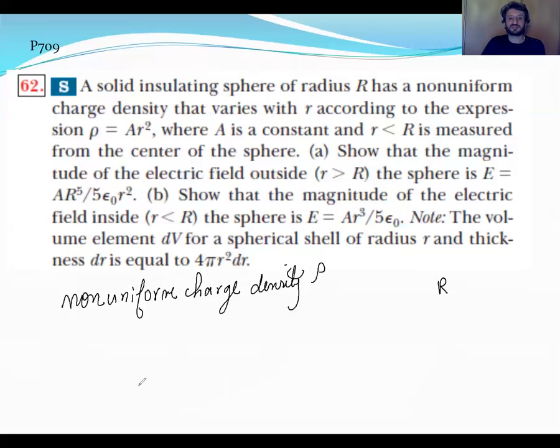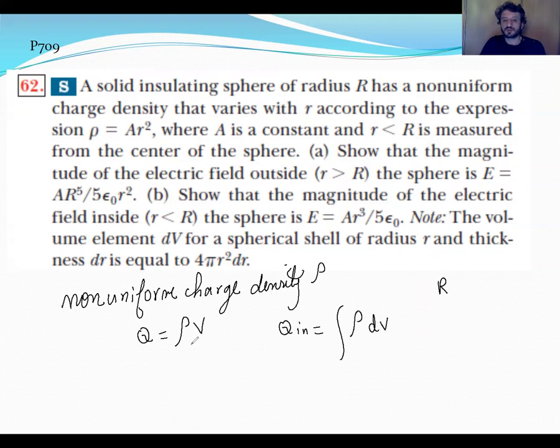In general, if the object has a charge Q and we have a volume charge density, you have to say Q equals rho times V. But if rho is not constant, we cannot write the relation like this. You have to say Q in equals the integral of rho times dV.